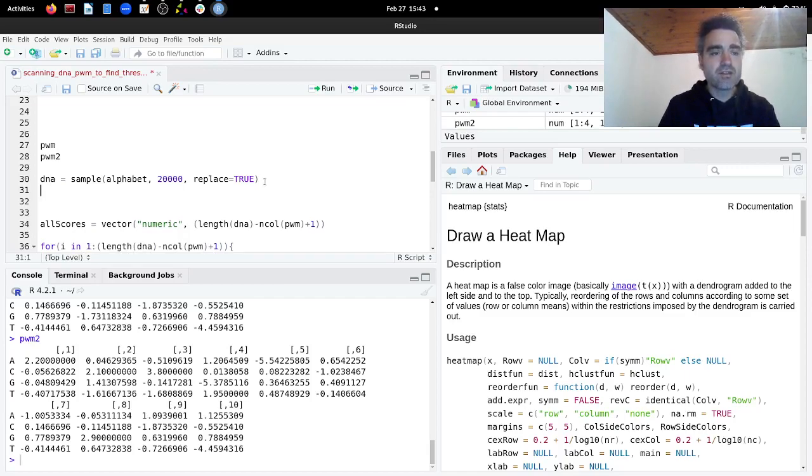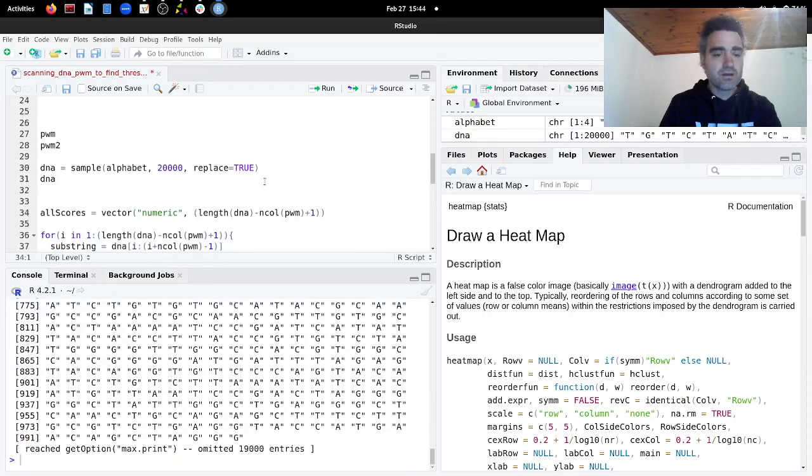We will obtain it from a stochastic process where we will just sample randomly ACGT letters in order to construct something where we don't expect to find any binding position. Okay, so if I execute this command here, now the DNA is these 20,000 random letters.